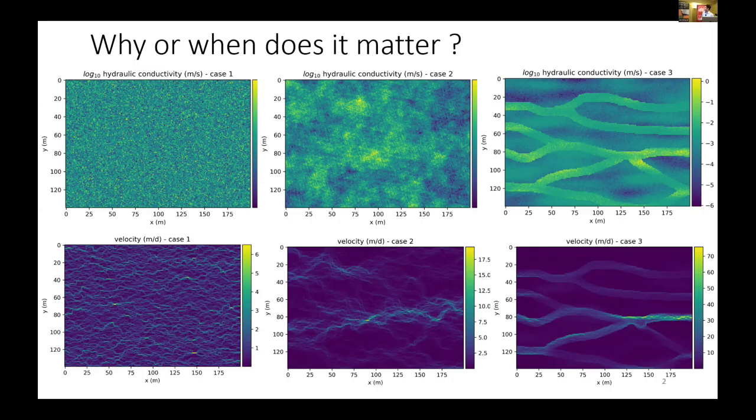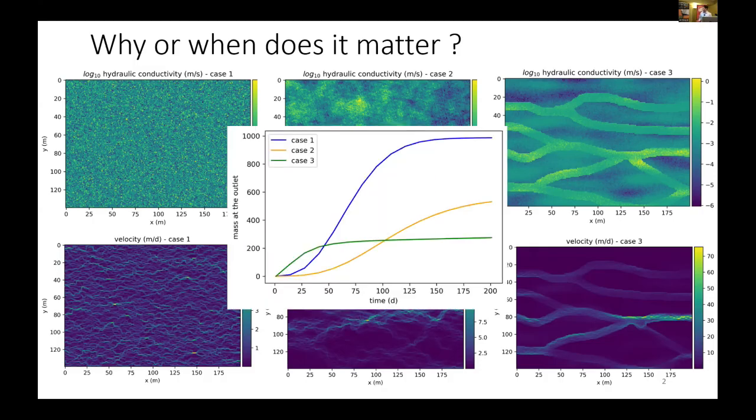And in the case of specific channels, the high velocities are in these hydraulic conductivity channels, and the magnitude is even bigger. So yes, patterns really matter, especially when you want to do some predictions that rely on nonlinear physics.